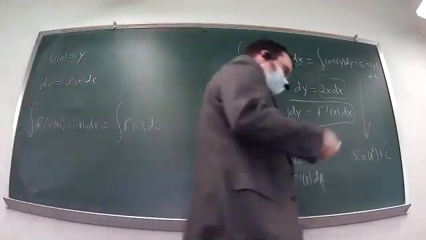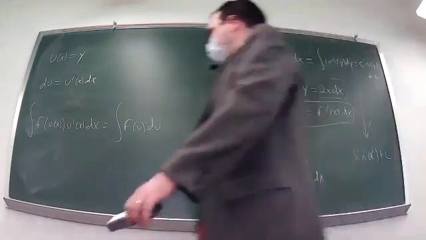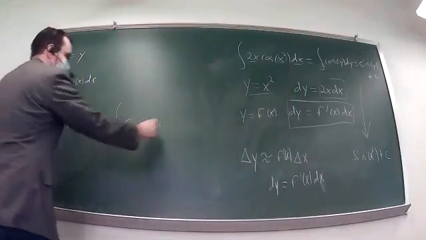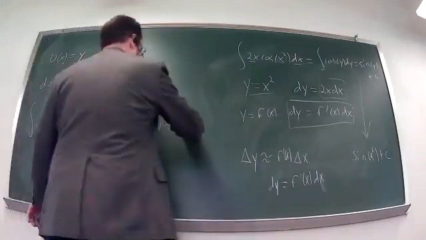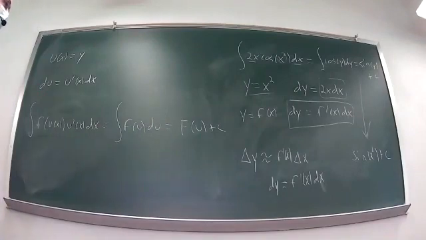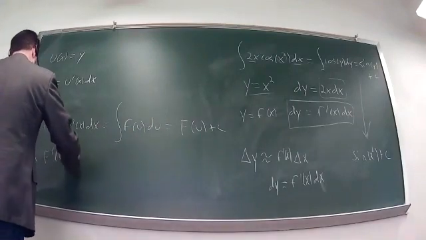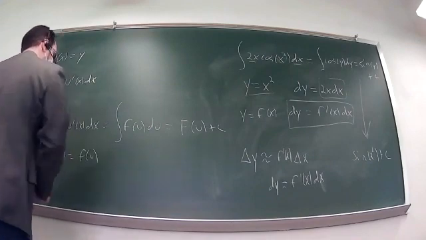But whatever. And then if you can find an antiderivative of this, then that's what the answer will be, with f prime of u equals f of u.